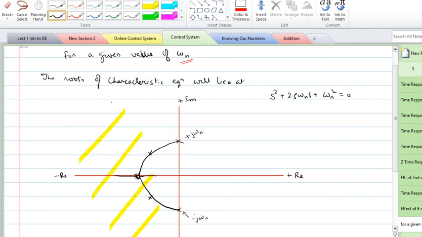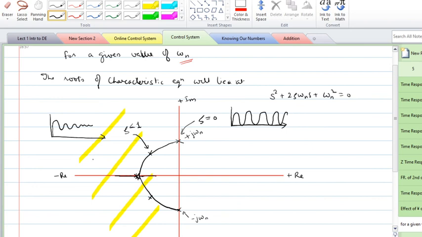So if the roots are lying at this position, then zeta equals 0 and the response will be oscillatory. If the roots are at this position, that is for zeta less than 1, then the response will be a damped response.